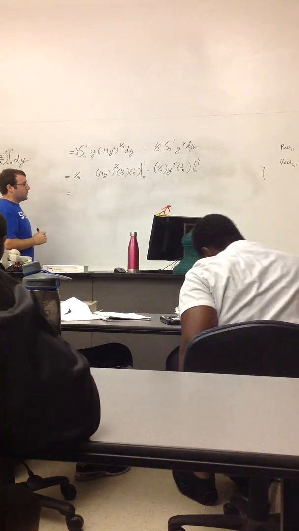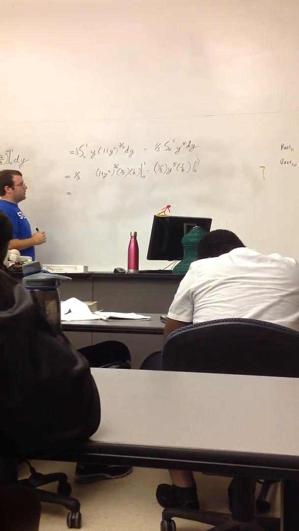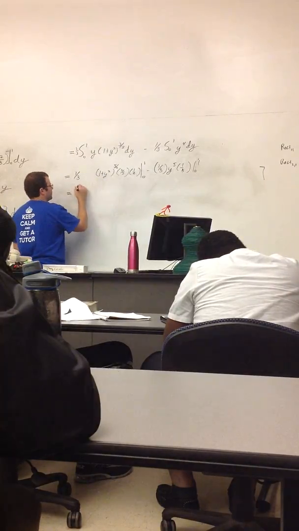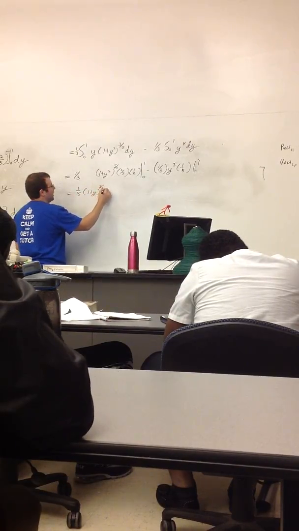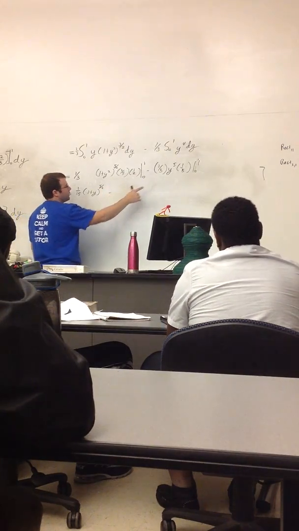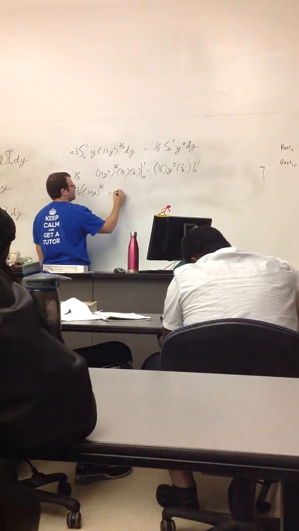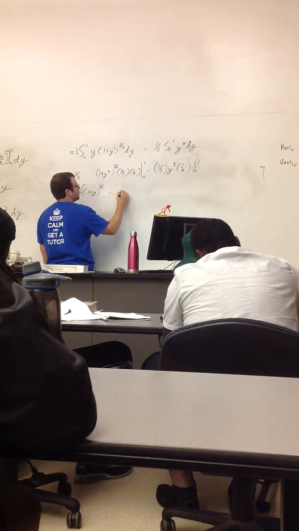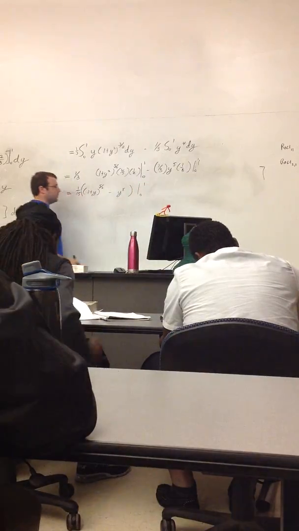So, this is equal to, let's have fun with all these fractions. This cancels out, this is 1/15. 1 plus y squared to the 5 halves, minus, this is again 1/15, y to the 5th, all evaluated from 0 to 1.